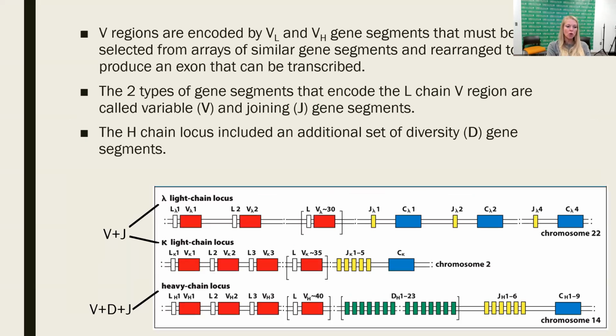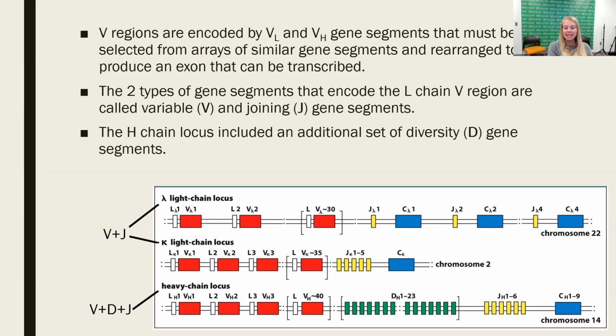So the variable region is going to be made up of the variable light chain plus the variable heavy chain. We saw that in the first lecture. And those segments must be selected from the different gene segments that are available. And they're rearranged, and then that will create an exon that is eventually going to be transcribed and then translated.